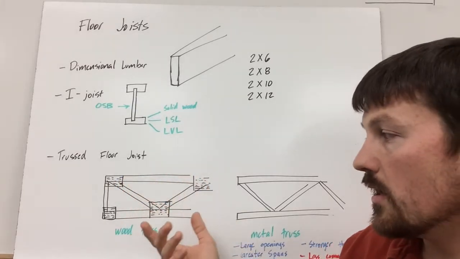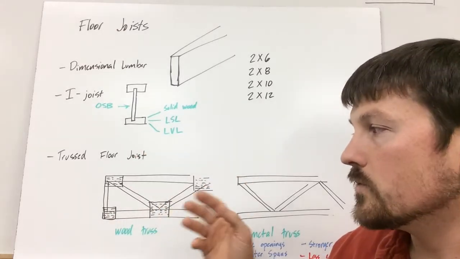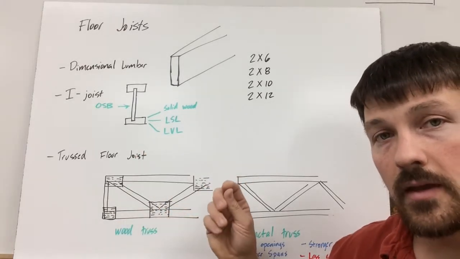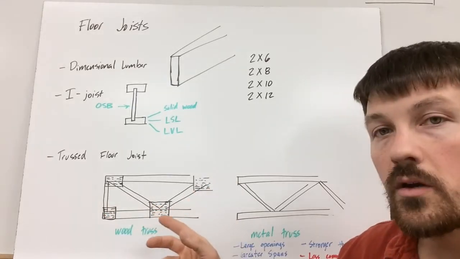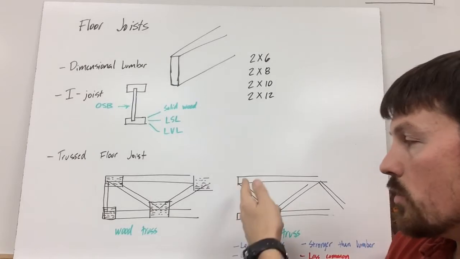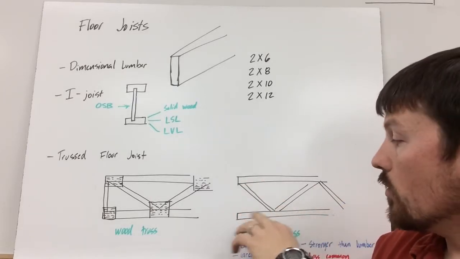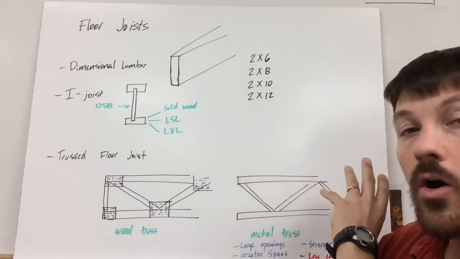The next, and probably the nicest of all these, are going to be trussed floor joists, and they can be either made out of wood, or they can have a top and bottom flange made out of wood with metal webbing, or it could be all metal.